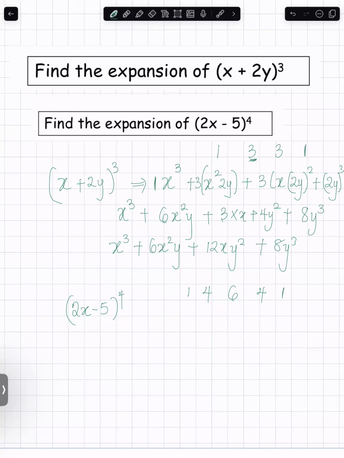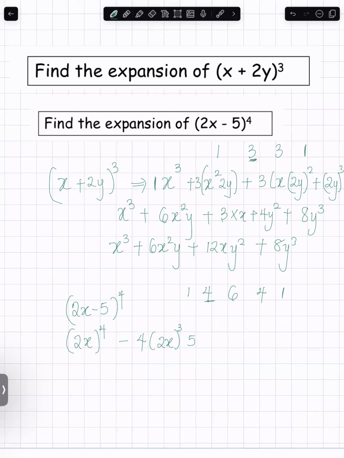So in expanding this now, I will proceed with the first guy, I told you, it's always 1. But it's going to be 2x raised to what? 4. Okay, so followed by minus, we have 4 is the next number to put, so I'm using 4 into 2x. Remember your 2x becomes raised to the power of 3, and your 5 is just going to be 5.